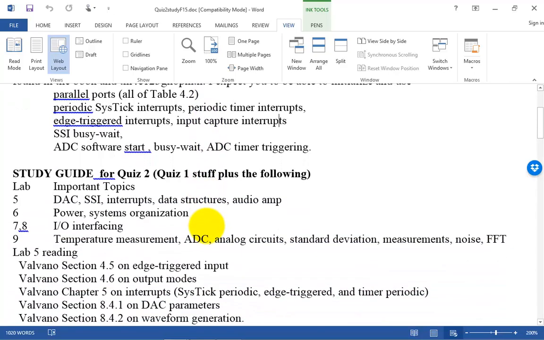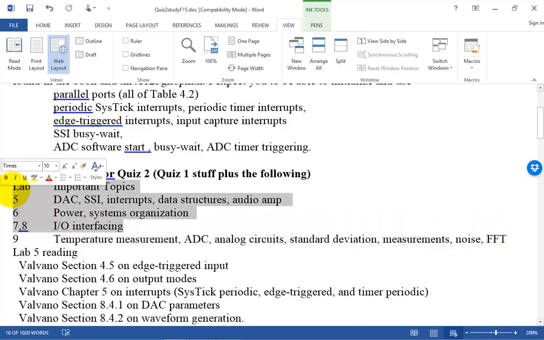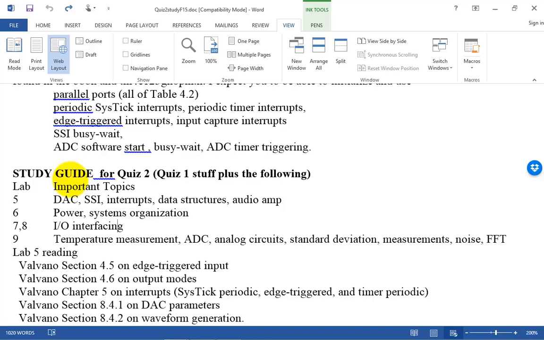So if you see from a lab standpoint, all of the stuff that we had in labs 5, 6. Now 7 and 8 is a little hard for me to examine you on because I don't know what your project is, and certainly everyone else doesn't know. So when you think about 7 and 8, it's a focus mostly on the power systems, the crystal, the regulators, etc.